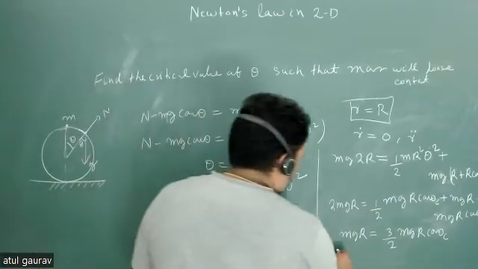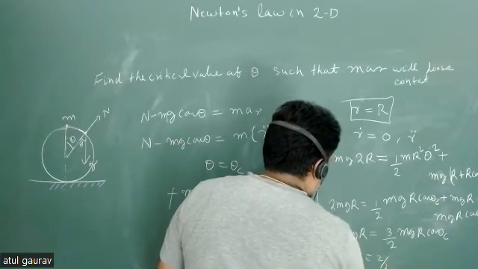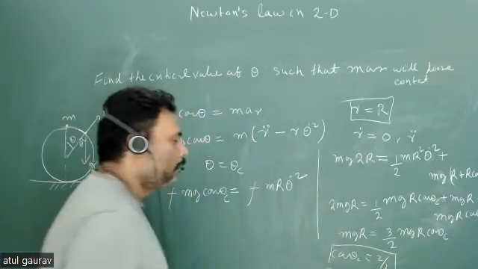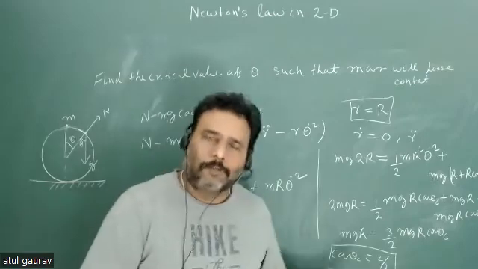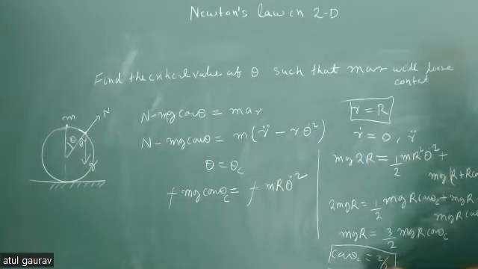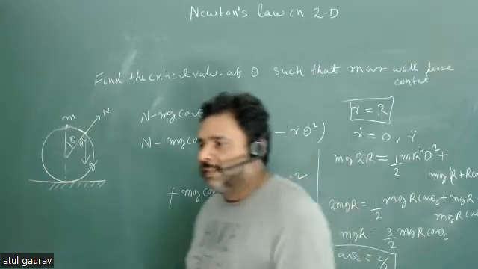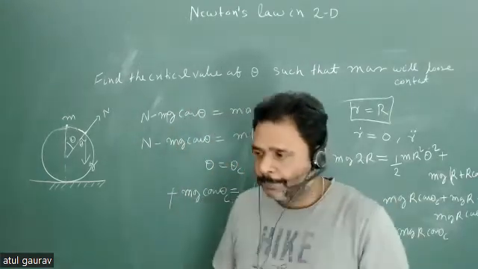That is, cos theta c is equal to 2/3. You must have studied this in plus two. Many people just memorize it, isn't it? So at the angle theta equal to cos inverse 2/3, the particle will just slide down.